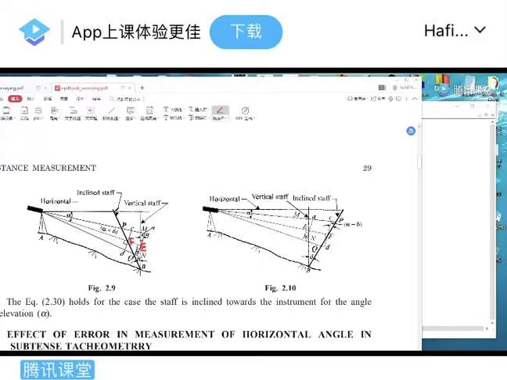When the staff is tilted, you'll get this one, right? So if this staff is not tilted, that one will be this one. Reading will be here. So if you put this one to a vertical position, presumably it will look like this one.